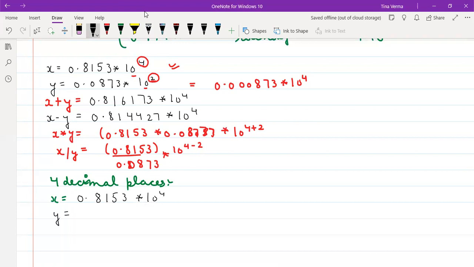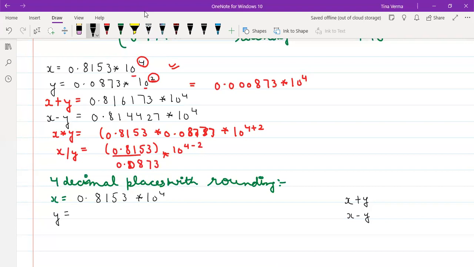And when you consider y, with 4 decimal places with rounding I am taking. What will y be stored as in your computer if you have 4 decimal places rounding? And you have to perform the operation x plus y and x minus y. Your computer can take only 4 decimal places.